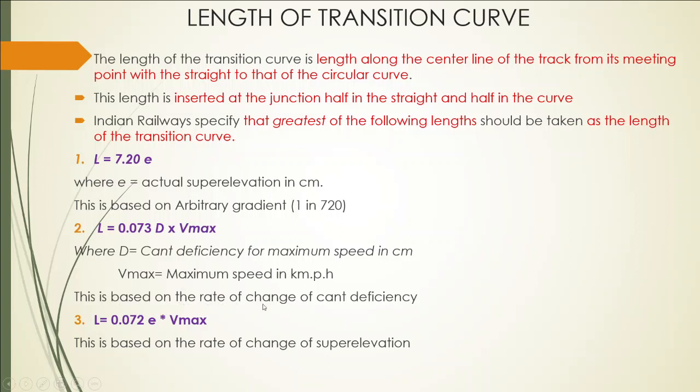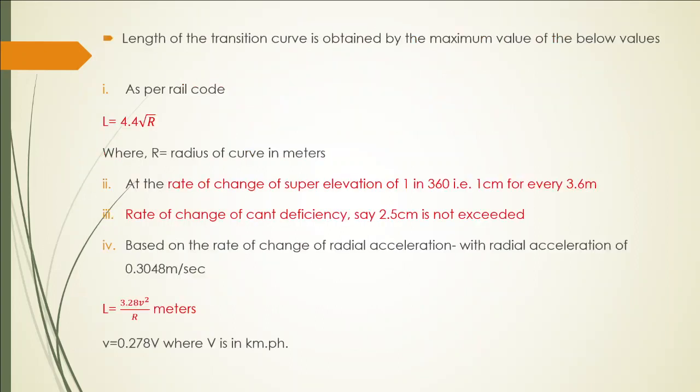This length is based on the rate of change of cant deficiency. And the third formula is L is equal to 0.072 E into Vmax. This equation is based on the rate of change of super elevation. Okay, these are the three basic formulas which are used to calculate the length, and from these three, whichever length is maximum is considered as the length of transition curve.